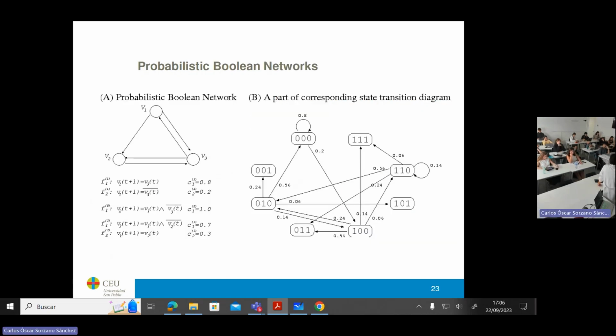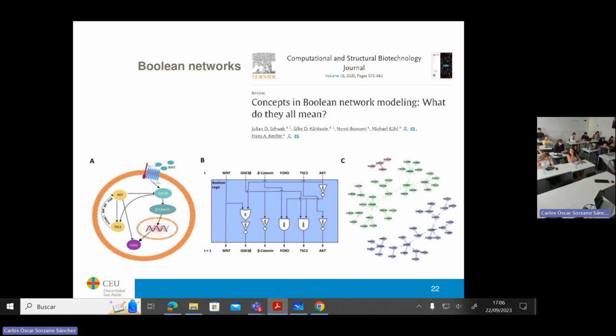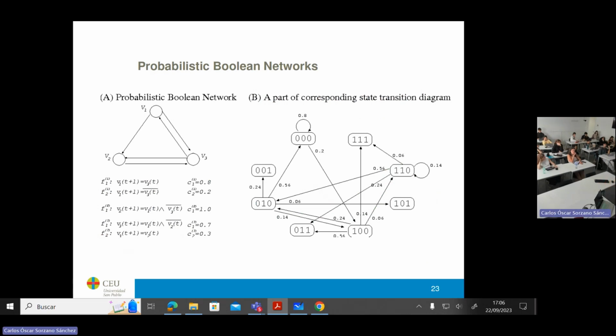And I can make even one step further, and I can say, okay, the activation is not deterministic as in a logical circuit, but it is probabilistic. So there is a probability. So let's say that I have 3 proteins only. None of them is activated. So I have 0, 0, 0.